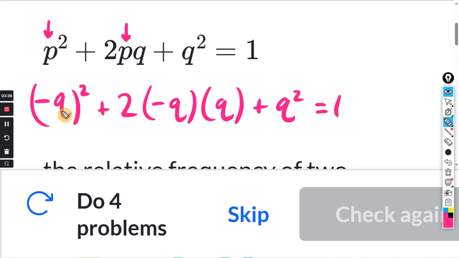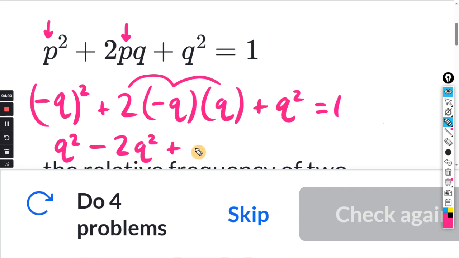Negative Q squared is negative Q times negative Q. That's positive Q squared. Here we have Q times Q, which is Q squared, and the negative sign goes in front of the 2. All right, these are all multiplied. So 2 times negative Q is negative 2Q times Q again is Q squared. And here we have plus Q squared. And that equals 1.